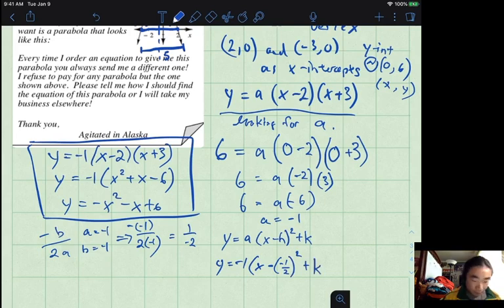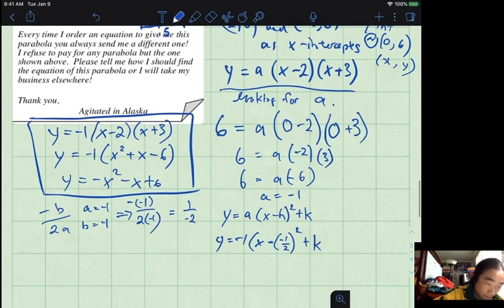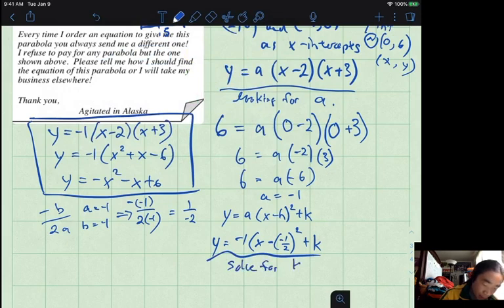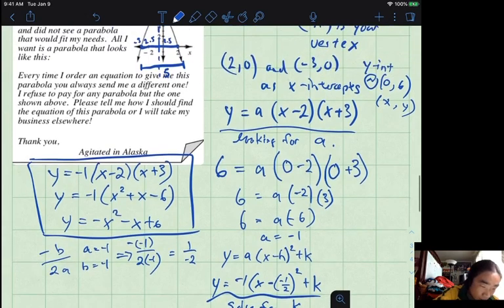So at this point, if we were to convert this into vertex form, now we've got to solve for k. At this point, you can use any of the values you want. You can use your x-intercepts here, here. You could use your y-intercept.